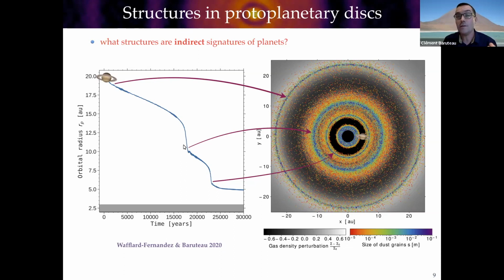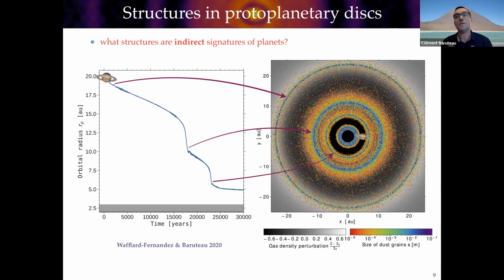And then again, the migration resumes. So the planet starts migrating, poof, and then until the migration slows down again, and the planet will be able to make a new pressure bump, able to trap those particles again, until the planet stalls its migration in the inner parts of the disk.